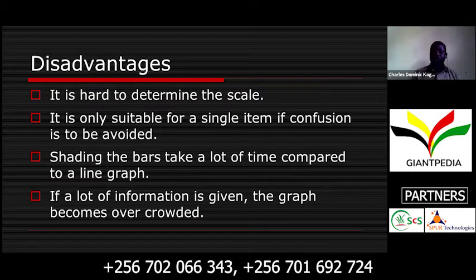So you may find that it is only advantageous to simple bar graphs, which becomes very hard for other interpretation in case they have given you something else. So it becomes tricky. So it becomes a disadvantage in that it only occupies one single item.